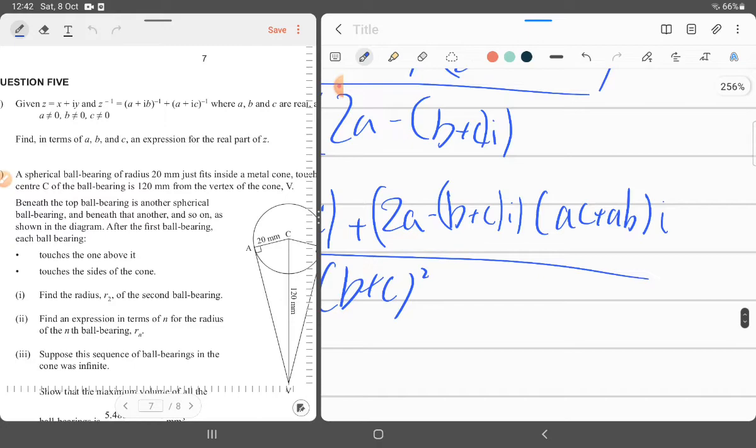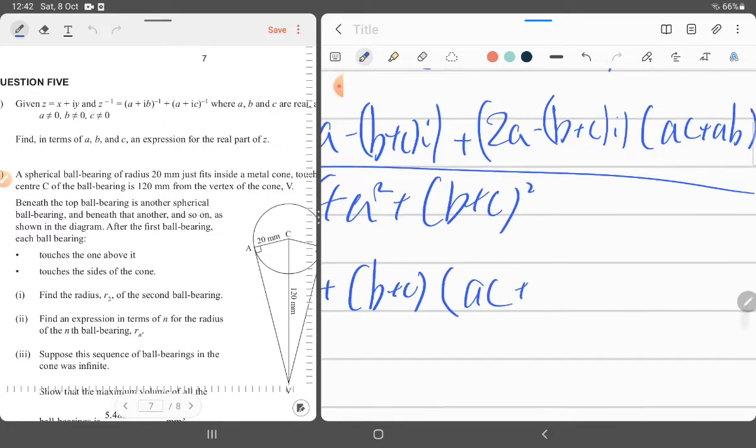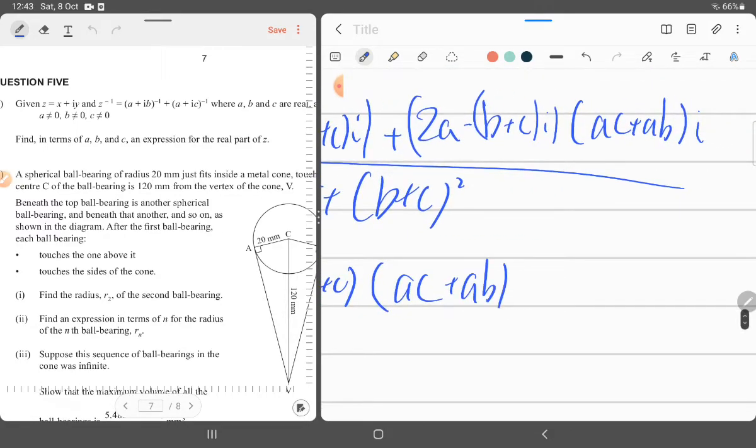So 2a times this is just, oh no, that's just b plus c, ac plus ab.